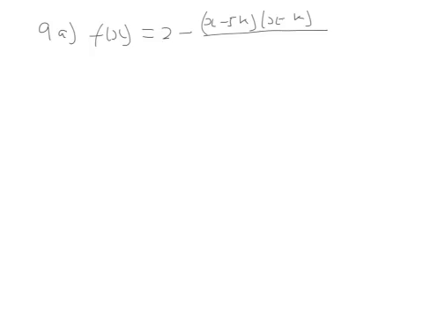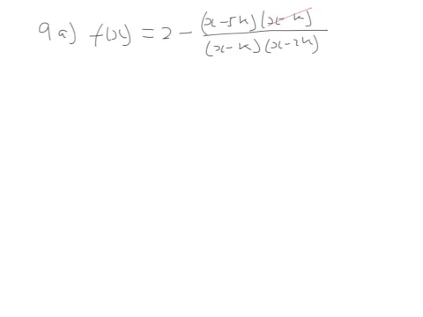Now we've got question 9, and we need to simplify f of x, so it's 2 minus x minus 5k over x minus k, and then the denominator there factorises to be x minus k times x minus 2k.